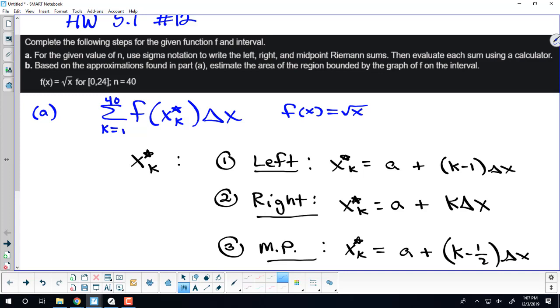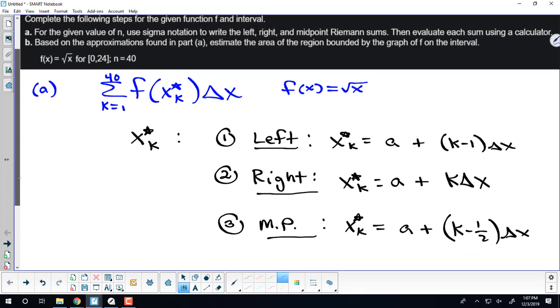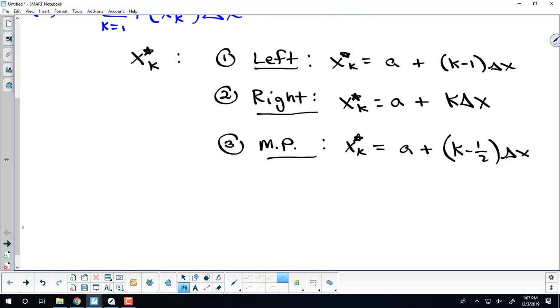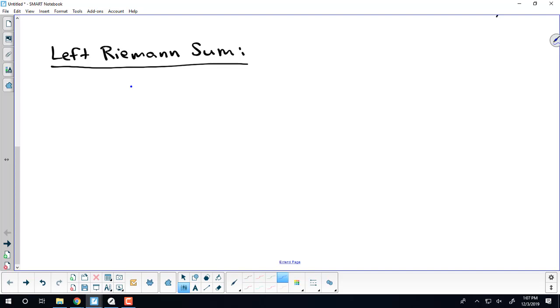So since we wrote the left down first, we'll just work with the left. So all they want us to do is write the sum out in sigma notation and then evaluate the sum using a calculator. So we're just going to evaluate the sum from k equals 1 to n, to 40 rather.